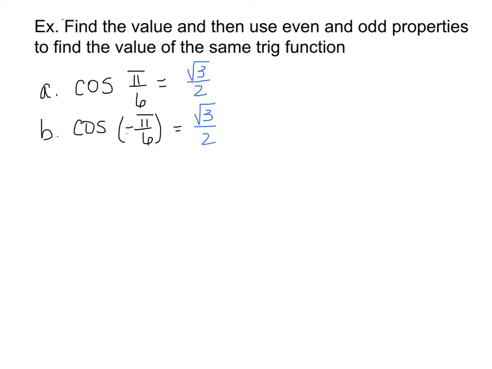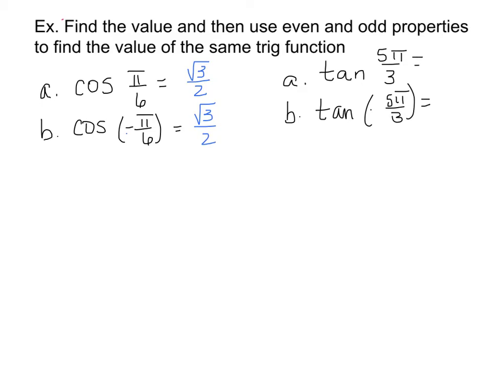Or if they do something like tangent of 5 pi over 3 and tangent of negative 5 pi over 3. Well, using your unit circle, tangent of 5 pi over 3 is negative square root of 3.